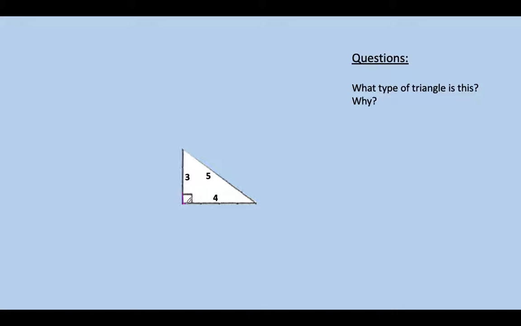We know that because of this square symbol in the corner, because squares have 4 right angles at the vertices. Okay, so what type of triangle is this? This is a right triangle. So go ahead and on the note sheet you can just write right triangle.